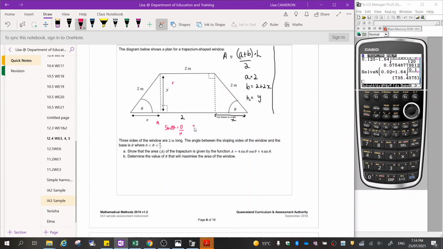So sine of some angle is going to be equal to Y over 2 because this length is 2. So then Y equals 2 sine theta. Okay, by the same logic, X is going to be equal to 2 cos theta. So we'll do that substitution after we do the first bit.